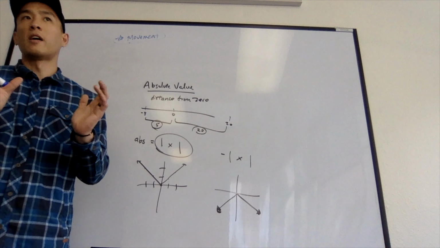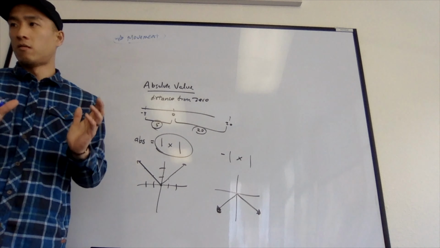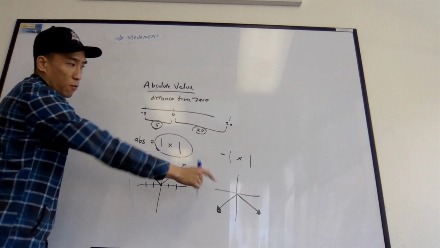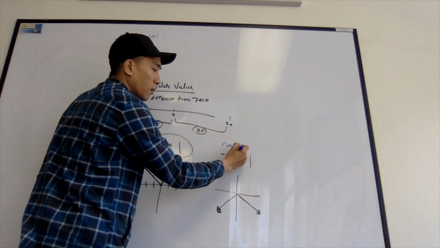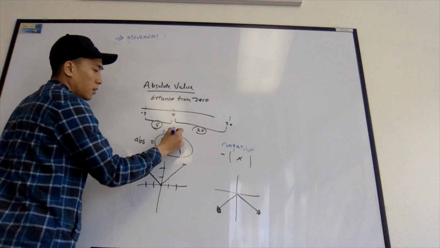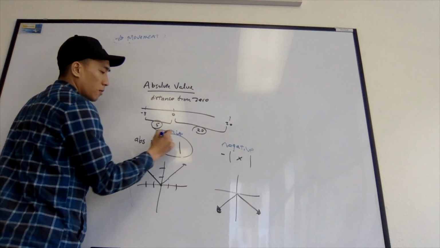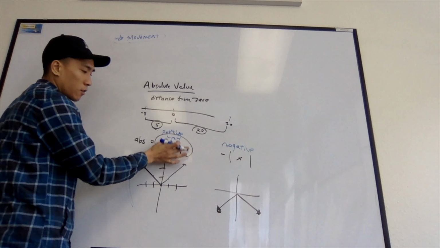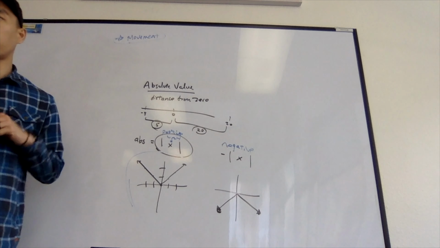It's like the basic model. The basic model for an absolute value is this one, not that one. This is the negative one. The basic one is positive, and it's a unit, meaning a 1 in front of this technically. And it's just a regular number.